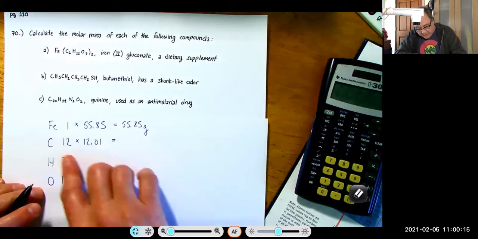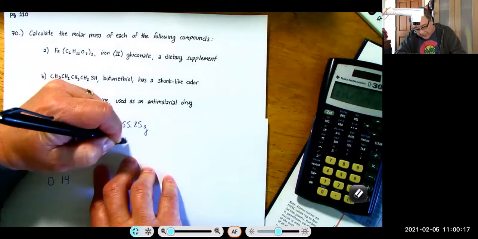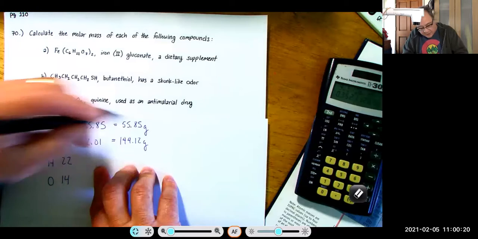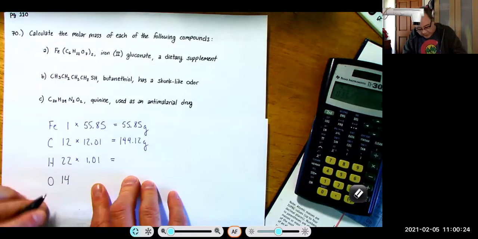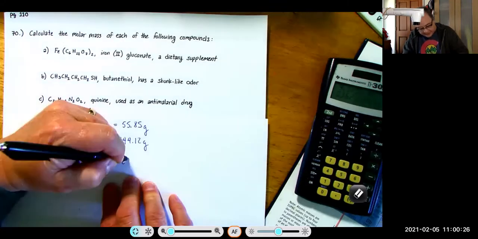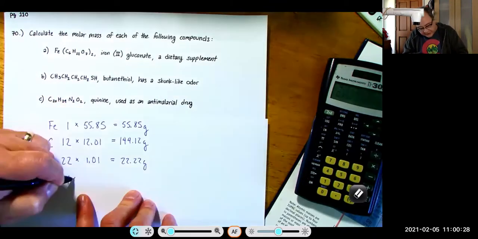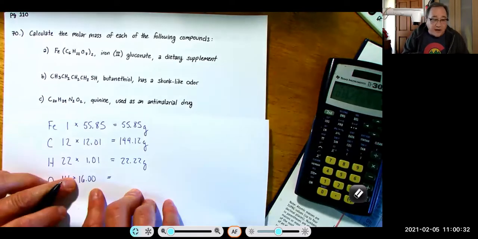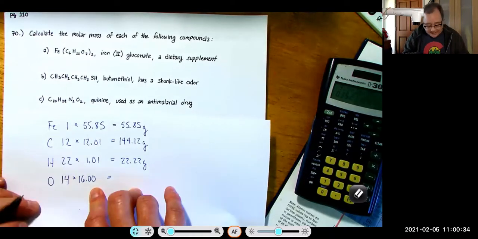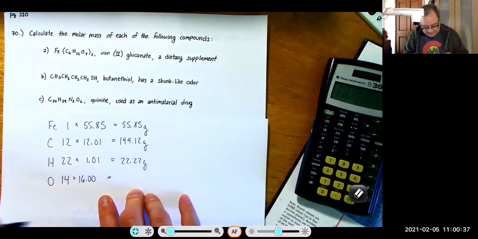And this is going to be 144.12 grams of carbon. Hydrogen, you're going to use 1.01. And so that's going to be 22.22 grams. And oxygen, you're going to use 16.00. These numbers I'm giving you are the numbers that you're going to find on the periodic table you get on the exam. The same type of number.